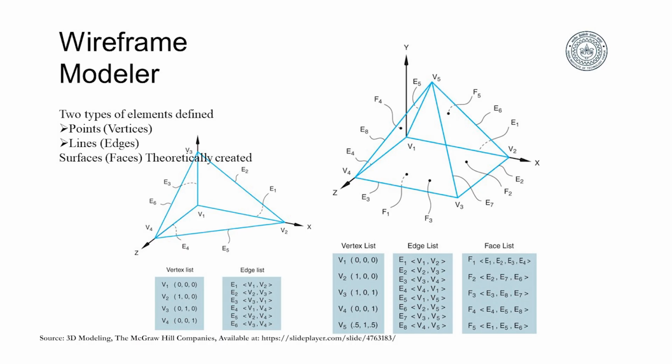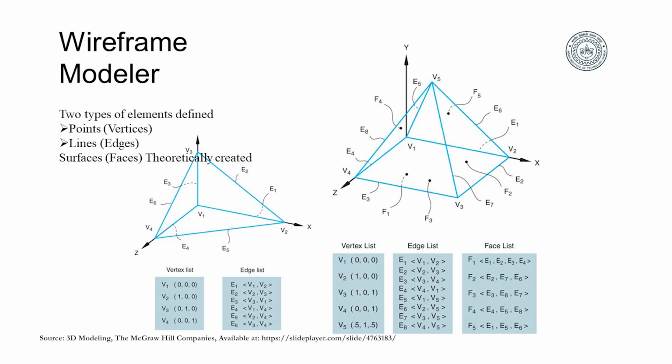These are the vertices, so the coordinates, and then the edges which connect the vertices. So, edge 1 connects V1 and V2. Edge 2 is connecting V2 and V3, edge 3 is connecting V3 and V1, and so on and so forth.